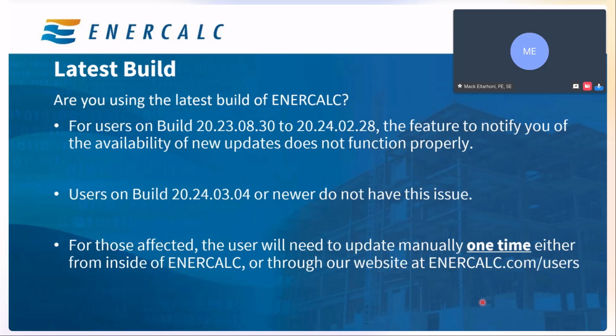Another housekeeping item that we want to discuss is the build that you're on right now. If you are in this range of ENERCALC builds, which is 2023 830 to 2024 228, then the feature that automatically notifies you of the availability of new updates does not function properly.